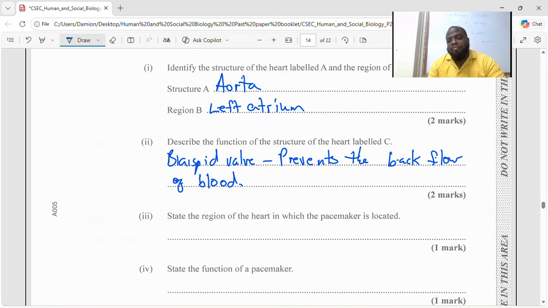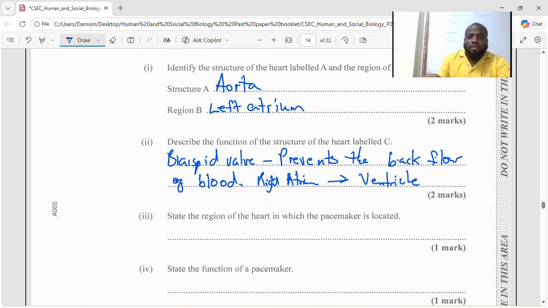So we know on the right side of our heart we get deoxygenated blood, and it will be coming into the right atrium to the right ventricle, and then from the ventricle it moves to the pulmonary artery, which is what delivers it to our lung where it would have gotten oxygenated.